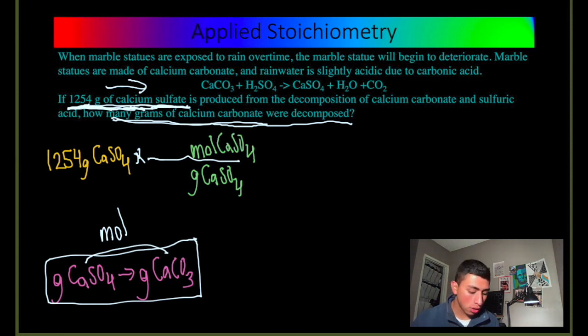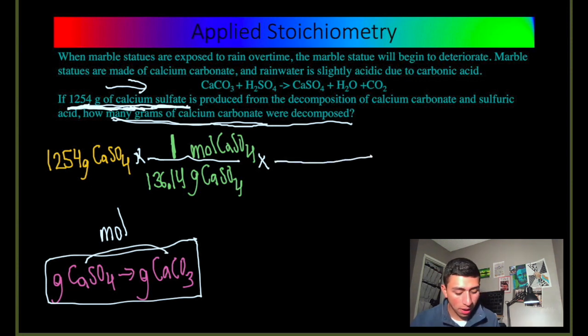Now, if you're going to do this conversion, you use the molar mass once again. For every 1 mole of calcium sulfate, we essentially have 136.14 grams of calcium sulfate, given that that is its molar mass. Now that we have moles of calcium sulfate, we can do a clean conversion from moles of calcium sulfate to moles of calcium carbonate, because that's the substance that we are converting to.